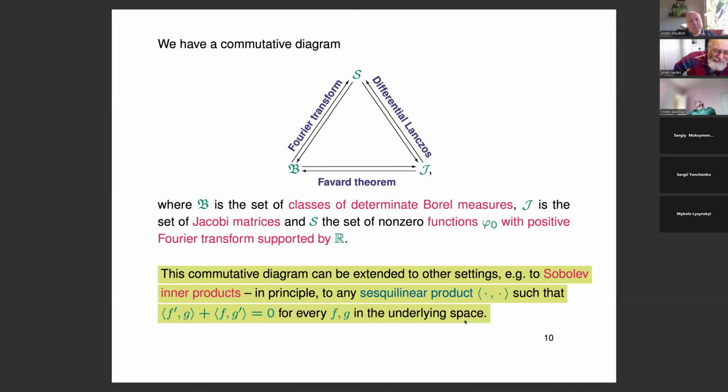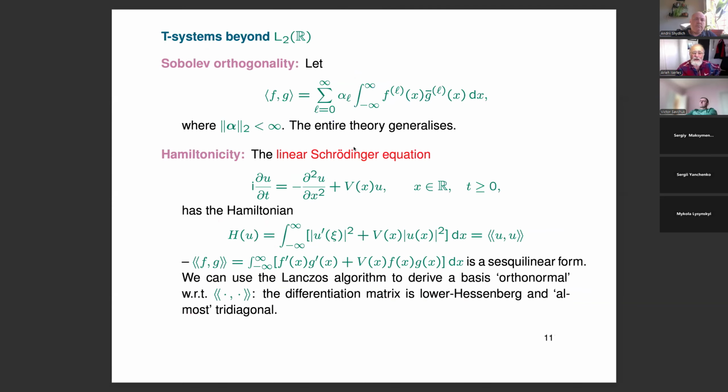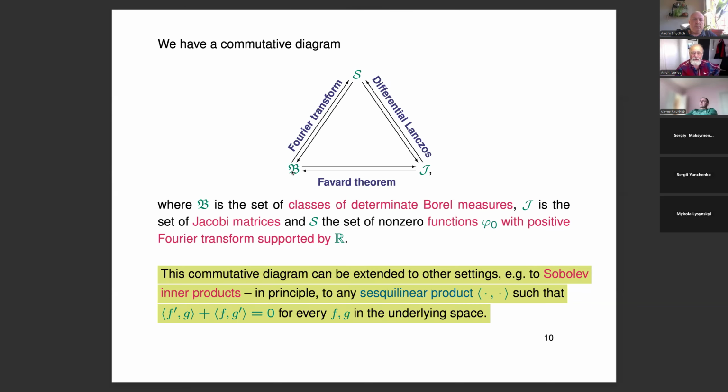And now we have a very interesting commutative diagram. So this is a set of what we call seeds, all C infinity functions, phi 0 with positive Fourier transform. Here we have the set of all determinate Borel measures. Here we have a set of Jacobi matrices, so essentially coefficients Bn and Cn where Bn are positive.